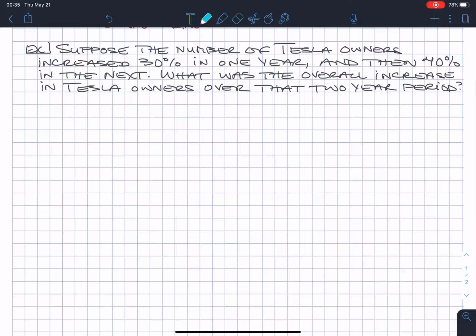We don't know how many owners there were initially, which is good, so we can suppose the initial amount of Tesla owners is equal to 100, because if it's 100, it's very easy to do a percentage of 100.